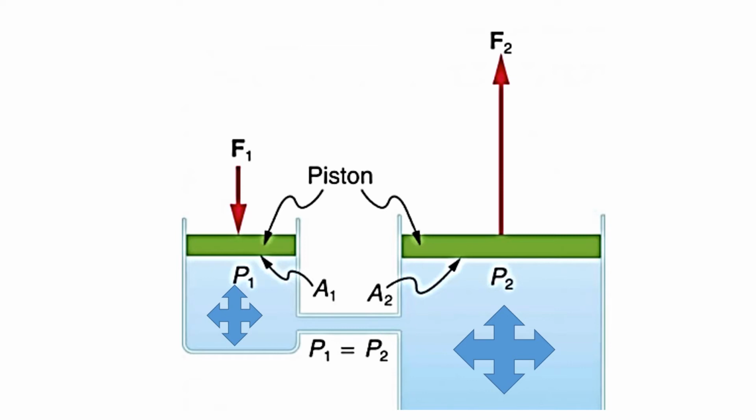If a force is exerted on piston 1, then the force or the pressure will also be exerted going to piston 2, which makes piston 2 go upward, like in this illustration.